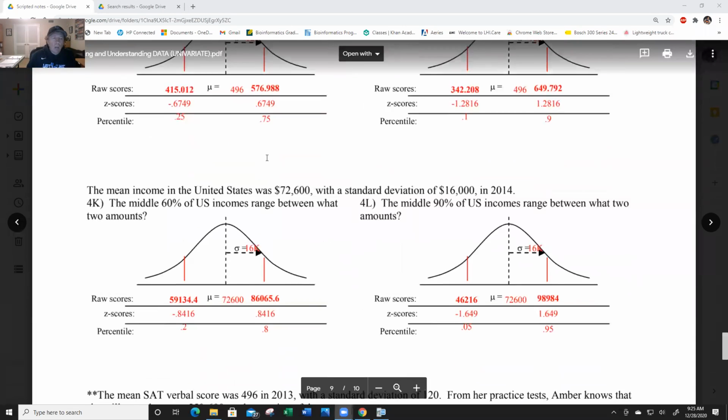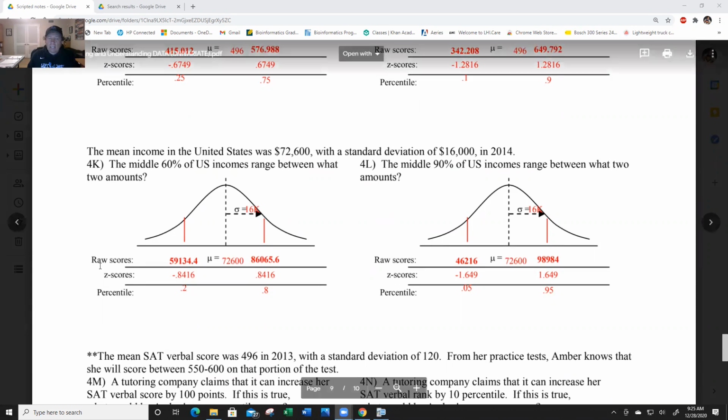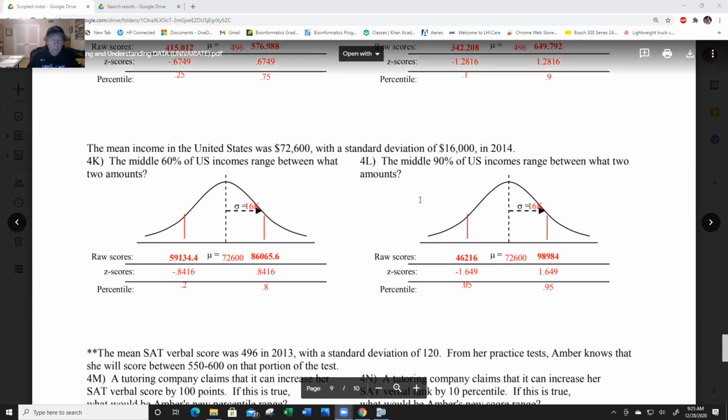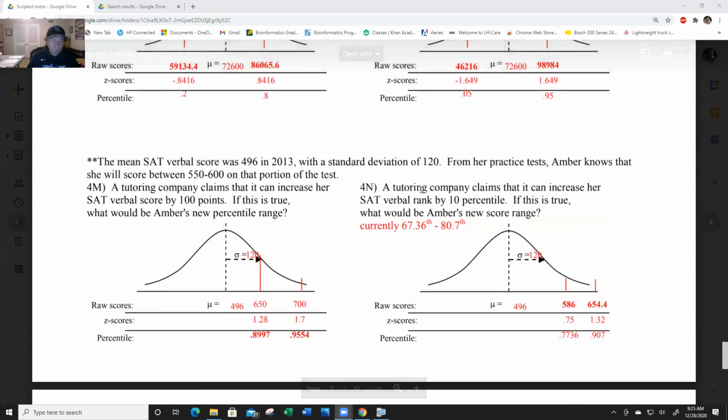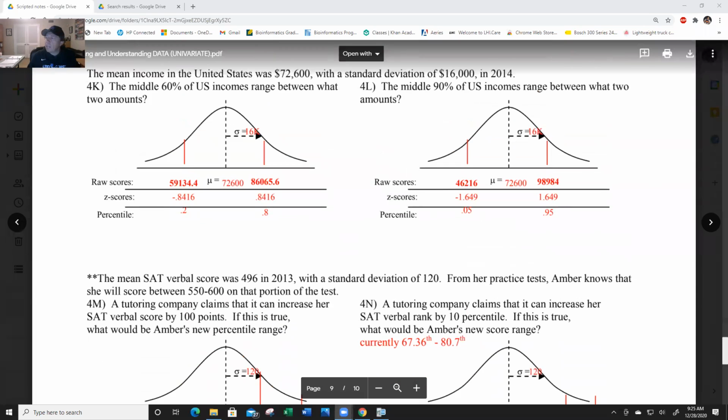All right. So the next one: the median income of the U.S. was 72,000 with a standard deviation of 16 in 2014. The middle 60% of incomes are between what? For me, the middle 60% is between the 20th and the 80th percentile.